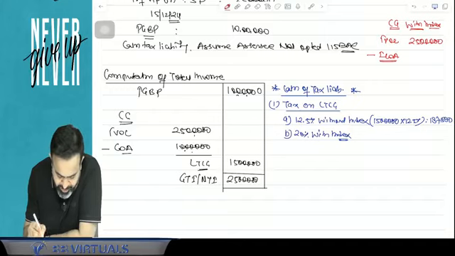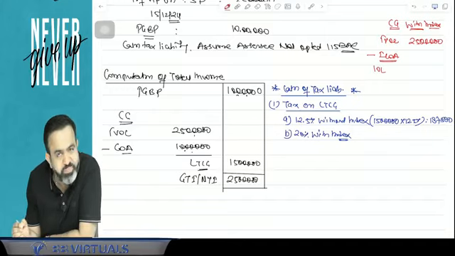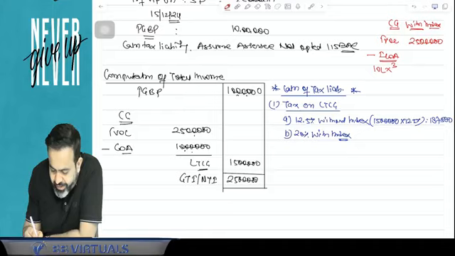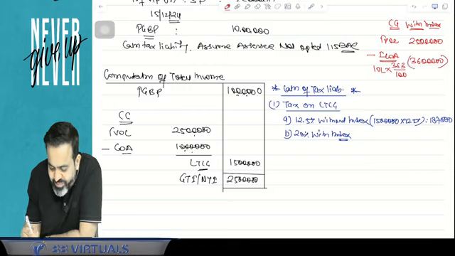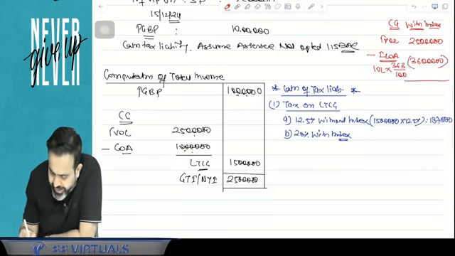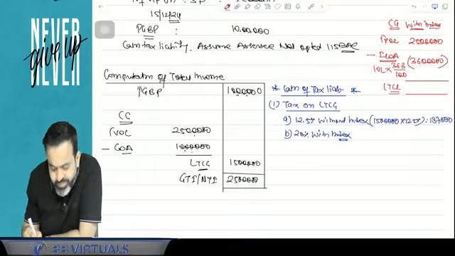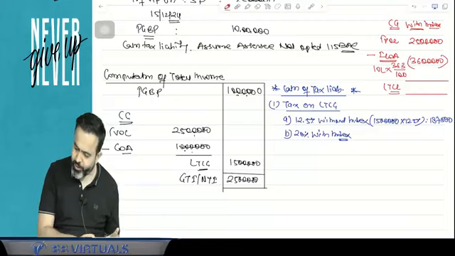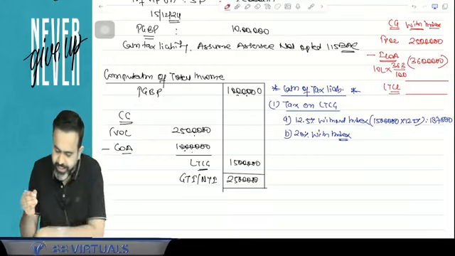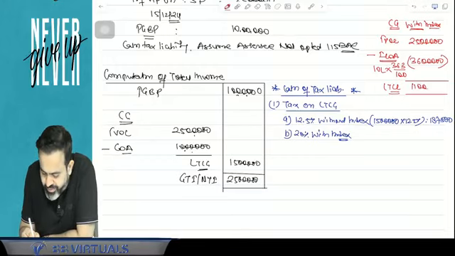So indexed cost of acquisition is basically 10 lakh multiplied by 363 divided by 100, that is the cost inflation index. So your indexed cost of acquisition is 36 lakh. So practically here there should be a loss, a long-term capital loss. On this long-term capital loss, 36 lakh minus 25 lakh, it's an 11 lakh rupees loss.